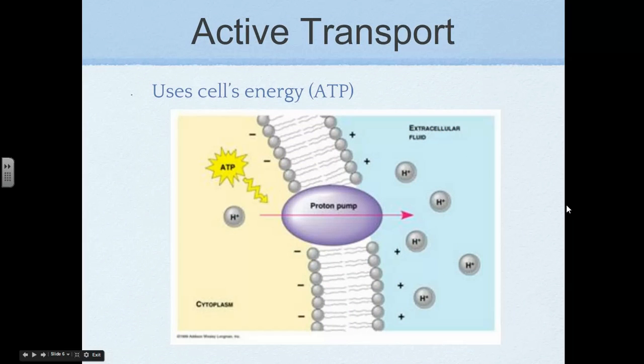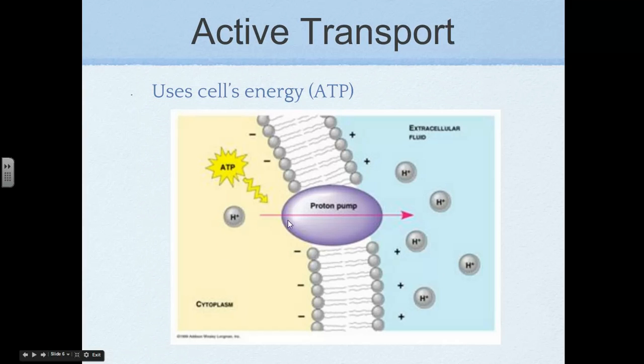The other kind of transport that membrane crossing proteins are used for is called active transport. And active transport has to use the cell's energy, and at this point we're going to use it to go against the gradient. So as you can see in this graphic, we have a hydrogen on the inside of the cell.